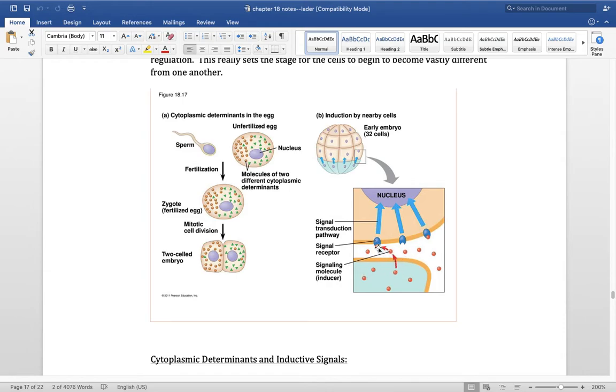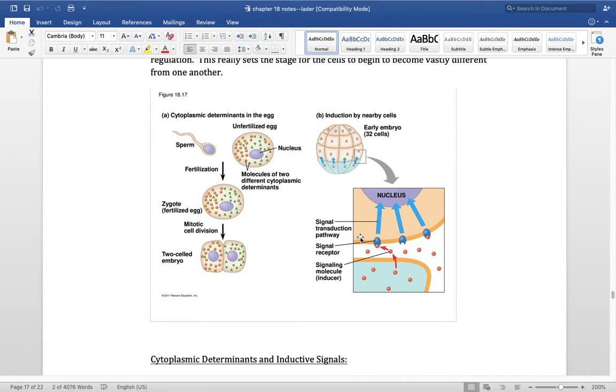This would be paracrine signaling right here. It just shows that within the embryo, now that these cells have become more differentiated, they actually become signaling cells, and they begin to signal nearby cells with paracrine signaling, as you can see the receptor, and that's going to help to also set the path for differentiation.